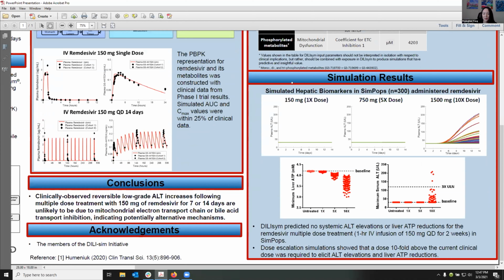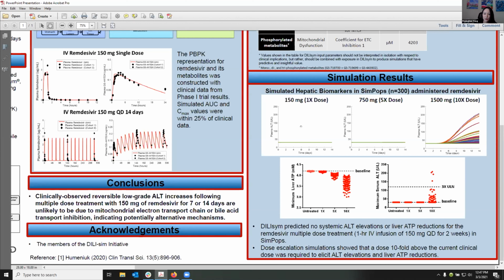And then DILIsym simulations are performed by combining these in vitro mechanistic inputs and liver exposure predicted from the PBPK modeling. Simulations are performed with multiple dosing regimens in a virtual population of about 300 individuals.